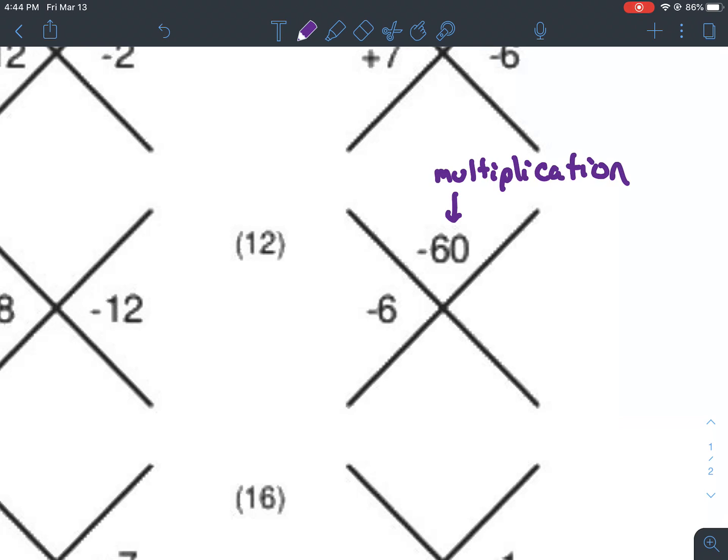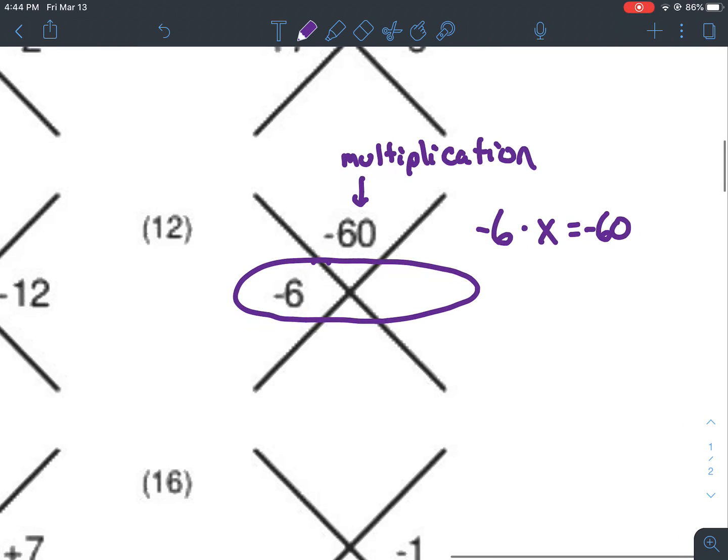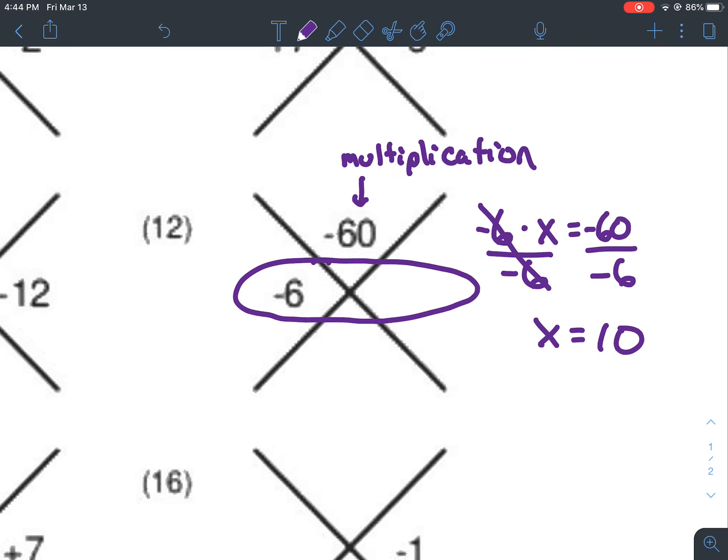So what we need to first think about is this relationship. 6 times what number is going to give us negative 60? So negative 6 times some number equals negative 60. In this case, we can divide both sides by negative 6, and we get that x is equal to 10. So this right side number is going to be 10.